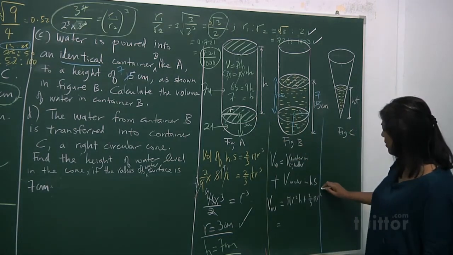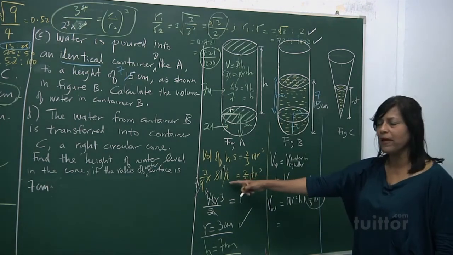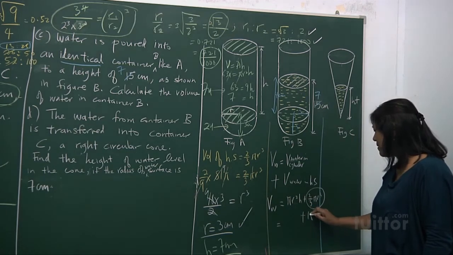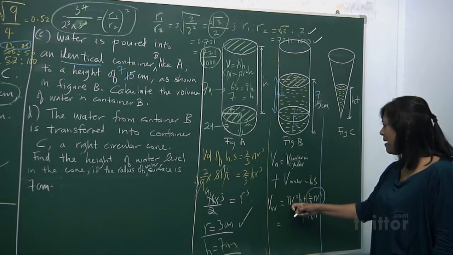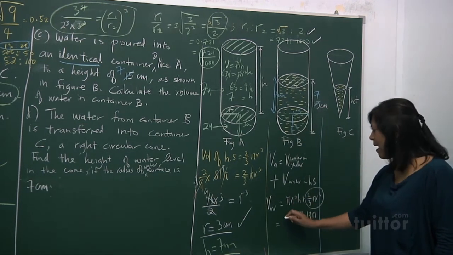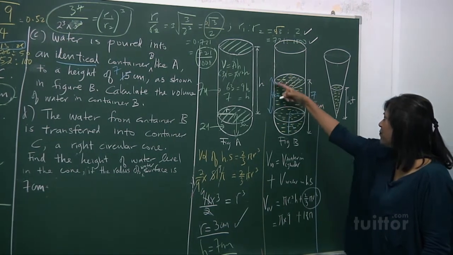So this whole thing is filled up. 2/9 of 81 pi is 18 pi, okay? And here is pi, the radius here is 3, 3 squared is 9, and the height here is 4.